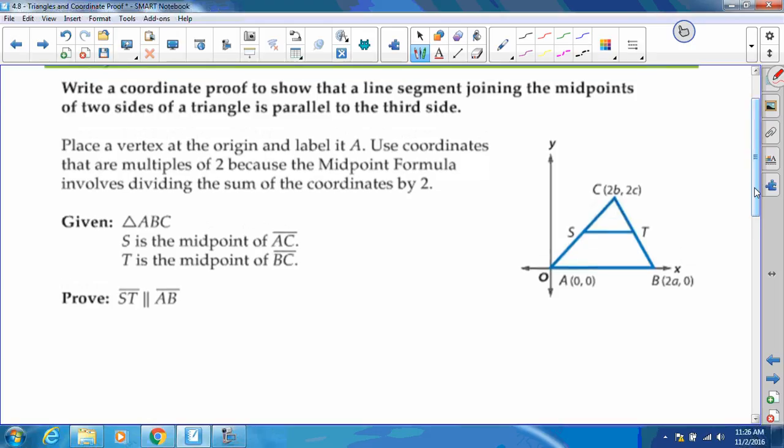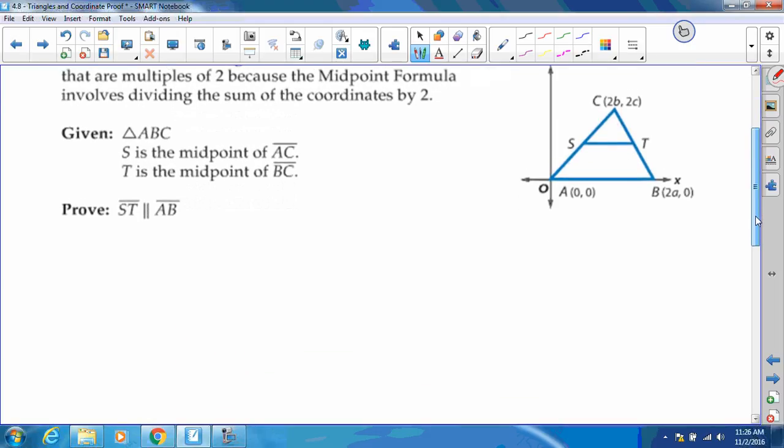The triangle is already set up for us. So here's what we have. Given triangle ABC, S is the midpoint of AC and T is the midpoint of BC. What we're trying to prove is that ST is parallel to AB.